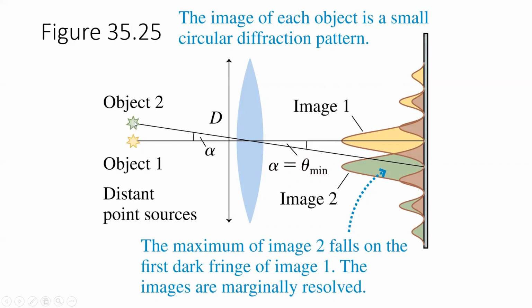Both of these stars are producing spherical wave fronts, but stars are very far away, light years away. By the time those spherical wave fronts arrive at the lens, they look like plane waves. And we already know what happens when you pass a plane wave through a circular aperture: you get the circular aperture diffraction pattern.